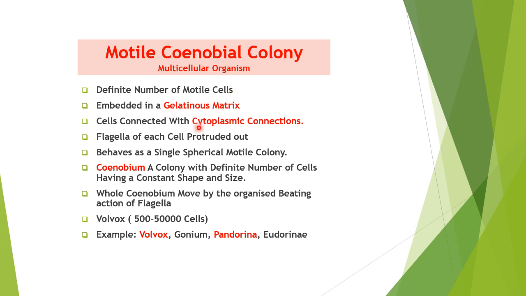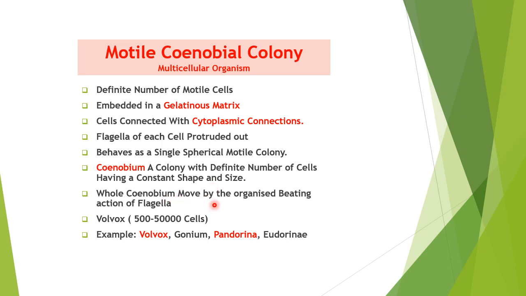They are connected with cytoplasmic connections, and flagella protrude all around, so it behaves as a single spherical motile colony. A coenobium is a colony with a definite number of cells having a constant shape and size. The numbers will vary, but the shape will be spherical.